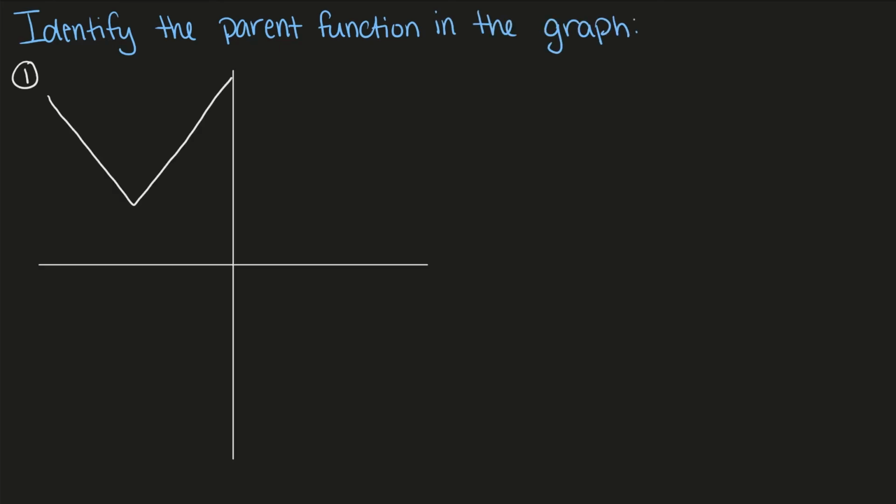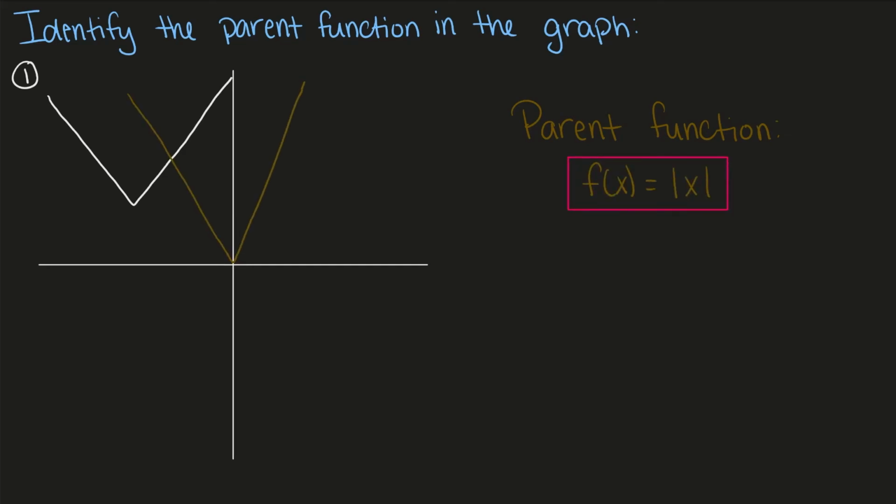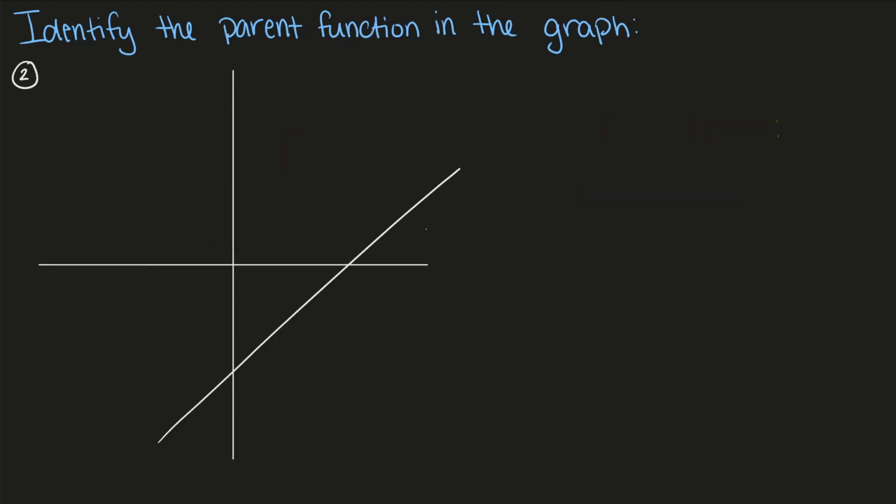First, we have this function. This is a V shape. So this is identical to our absolute value function, and the parent function is f of x equals the absolute value of x. Next, we have a line. The parent function of this function is our linear function, or f of x equals x.